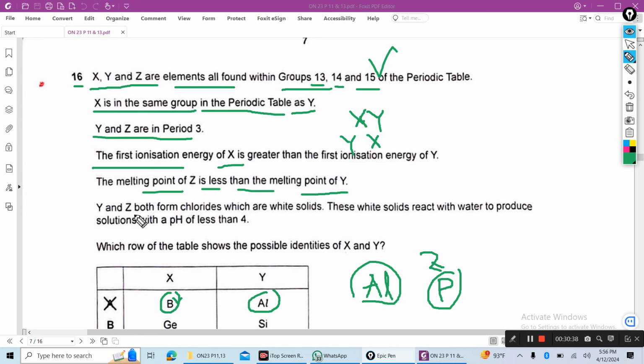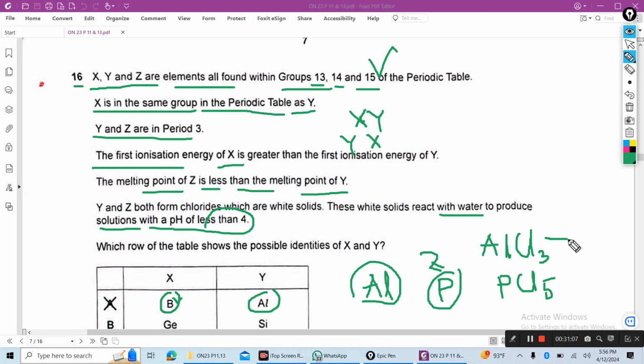And Y and Z both form chlorides which are white solids. Y, aluminium chloride, white solid, and Z, phosphorus chloride, white solid. This white solid reacts with water to produce a solution with a pH less than 7, meaning acid.